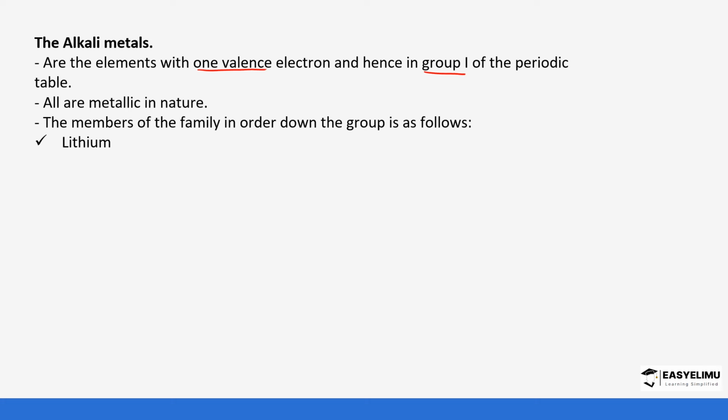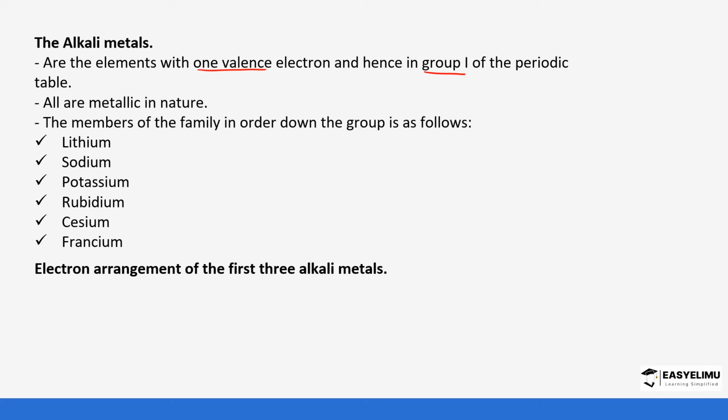We have lithium at the top of the list, then sodium, and then potassium. So lithium, sodium, and potassium is what we are going to be tackling in this subtopic. But rubidium, caesium, and francium, we are not going to be discussing because they are beyond the first 20 elements. You will discuss these in detail later on when you go to campus.